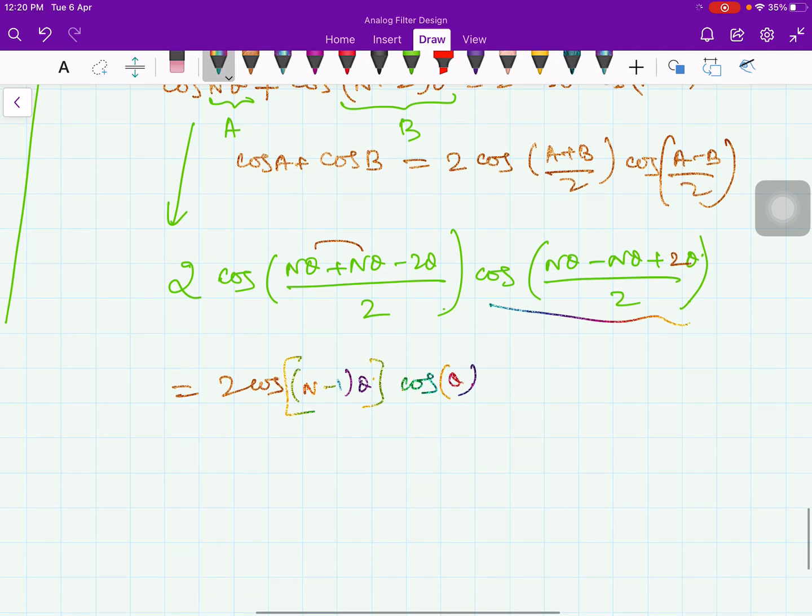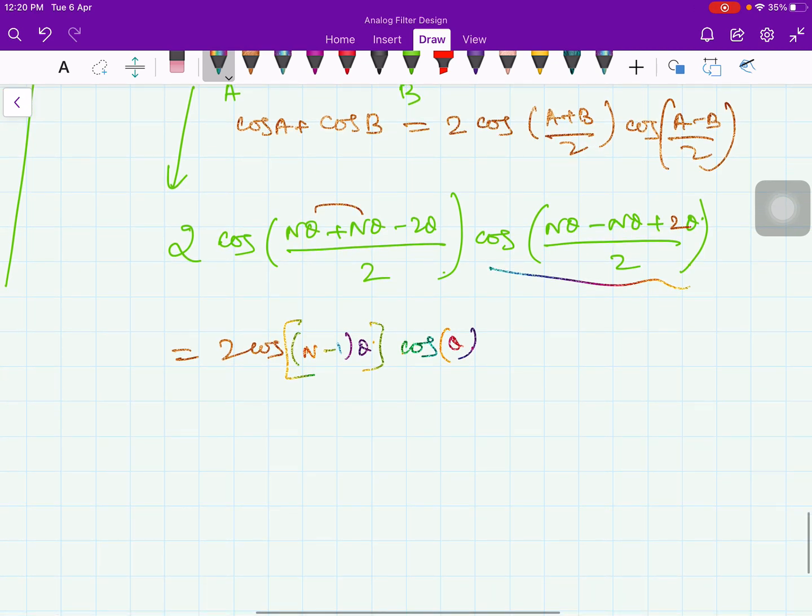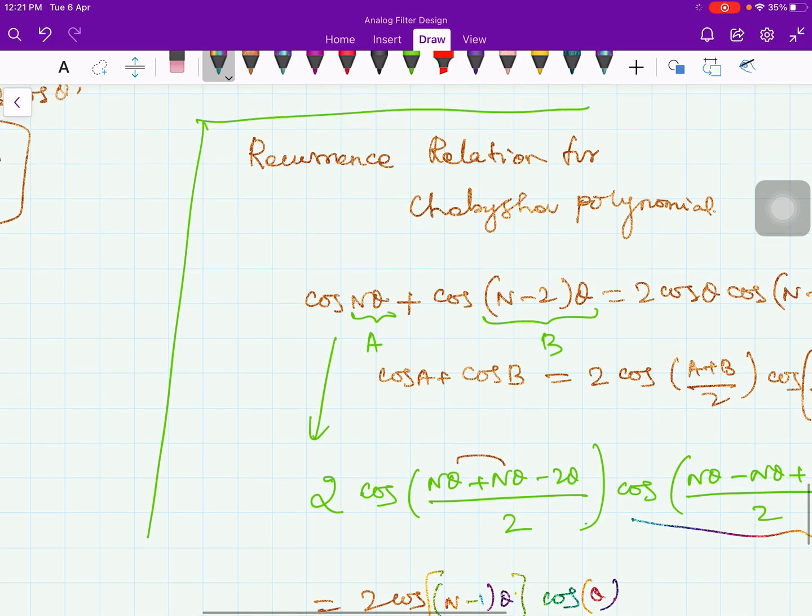And we know that cosine of n theta is nothing but Cn of x. Okay, so this one is Cn of x.